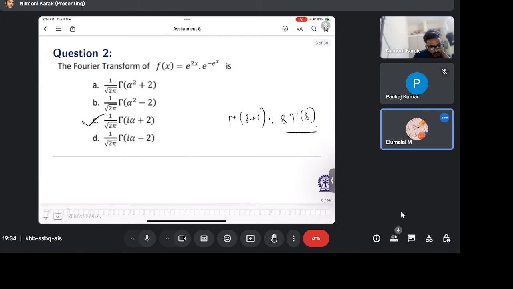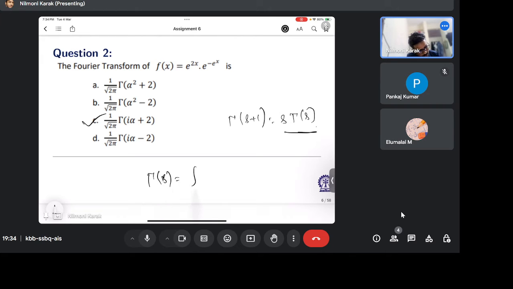Yes, I think I faced one gamma s plus 1. You know the formula gamma s? Gamma s is 0 to infinity e to the power minus z, z to the power s minus 1 dz.